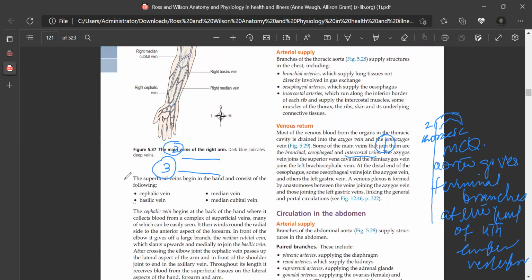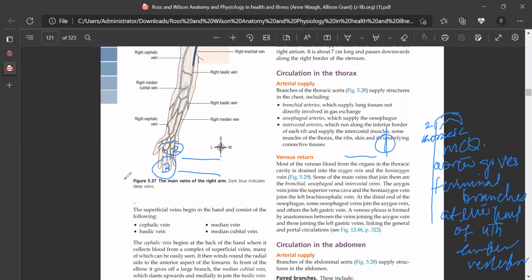The branches of the thoracic aorta, the part of the descending aorta present in the thorax: bronchial arteries, which supply oxygen to the lung tissue; esophageal arteries, which supply oxygen to the esophagus; intercostal arteries, which run along the inferior border of each rib and supply the intercostal muscles, some muscles of the thorax, the ribs, the skin, and its underlying connective tissue.